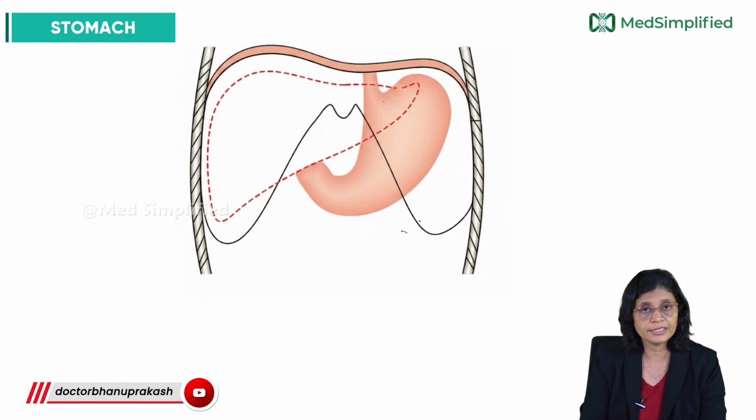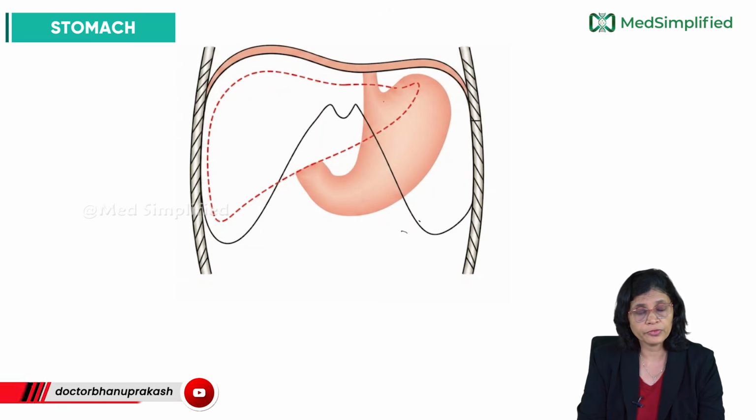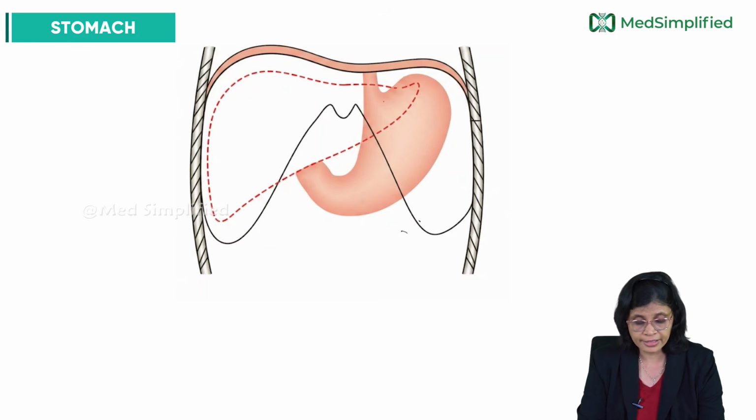There are no intervening structures except the layers of the anterior abdominal wall. So in case of esophageal cancer or pharyngeal cancer, where the patient has difficulty swallowing, or in those cases where we cannot put a Ryle's tube, we do a feeding gastrostomy, and that is done in this gastric triangle area.